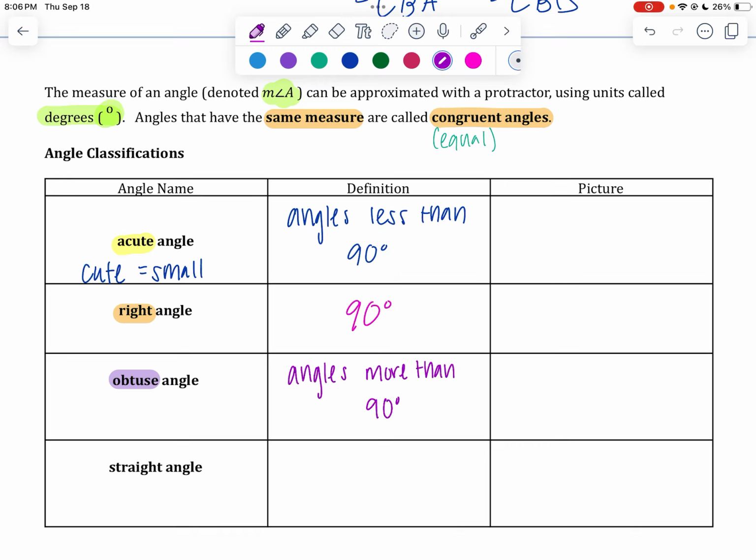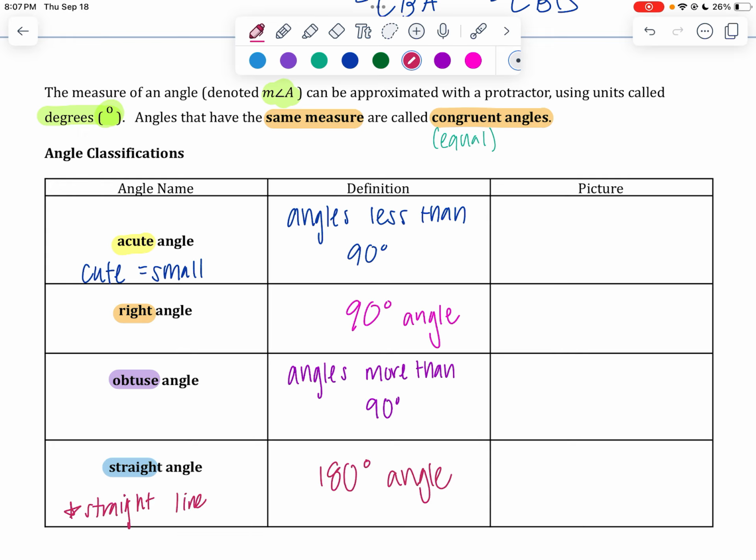Right, we see this pattern, we're dealing with 90 degrees, our right angles. And then a straight angle is going to be 180 degrees. I can add a 90 degree angle right there. Okay, a straight angle goes with a straight line.